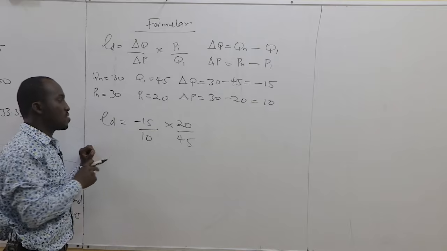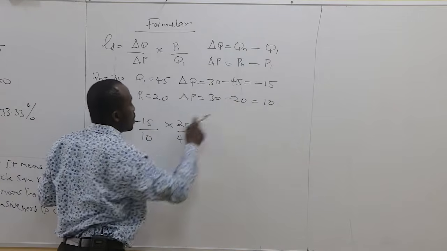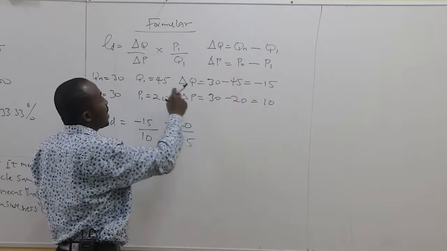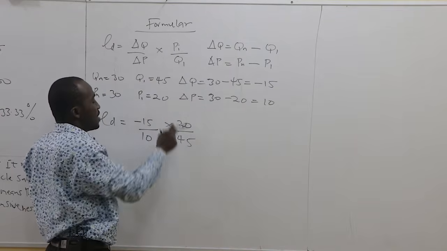The change in price is 10. The initial price is 20. The initial quantity is 45. So you have negative 15 over 10, times 20 over 45.